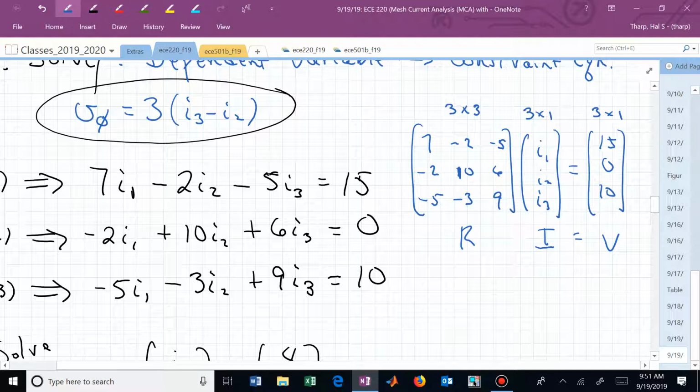So for multiplying two matrices in the calculator, plug in the 3 by 3 and the 3 by 1.